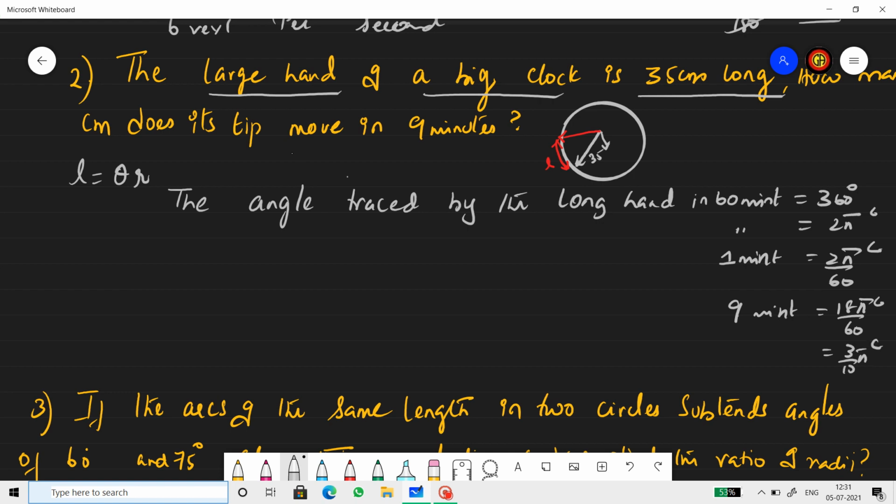So the angle theta we found as 3 by 10 pi. Now let's apply it in the formula. L is equal to 3 by 10 pi into radius, which is 35 centimeters. Then substitute pi as 22 by 7. You end up getting the answer as 33 centimeters. Understood? Next question.